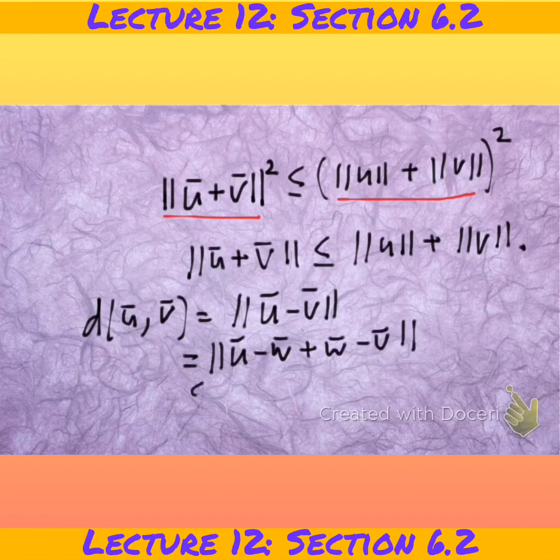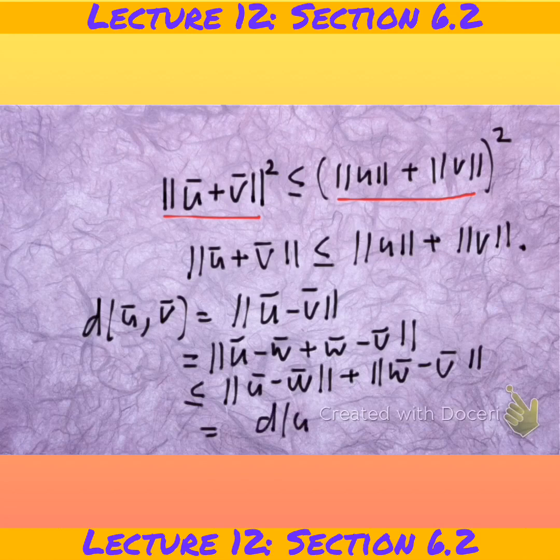And by the triangle inequality, that's at most the norm of u minus w plus the norm of w minus v, and that you can replace with the distance between u and w plus the distance between w and v. Okay, and that follows from the triangle inequality.